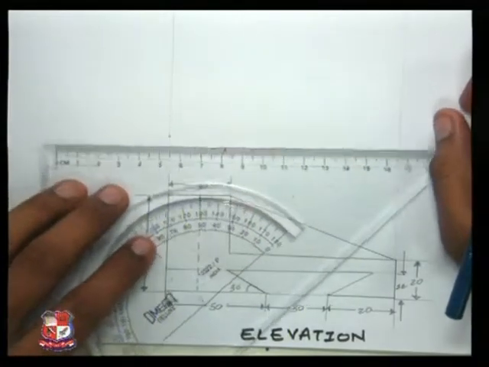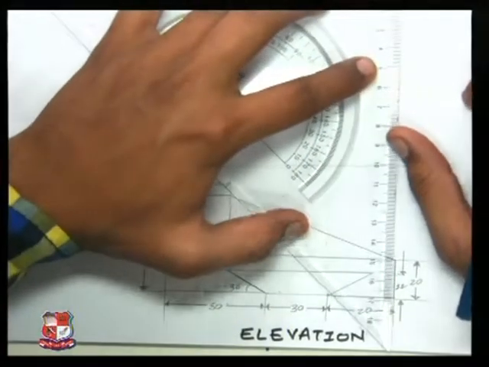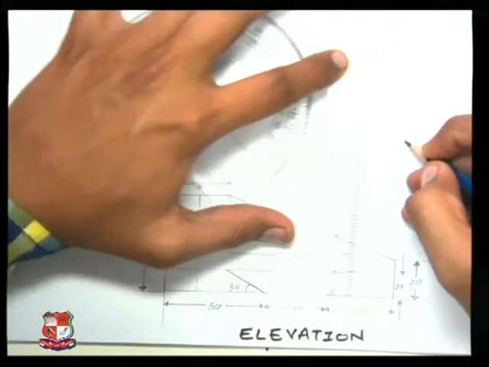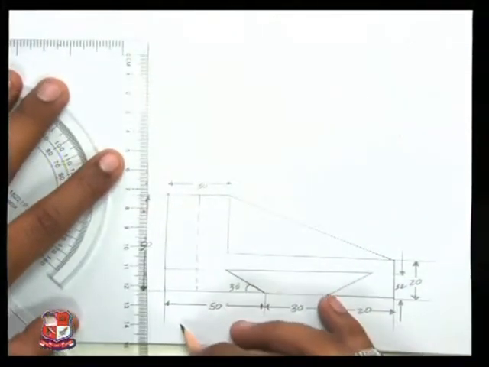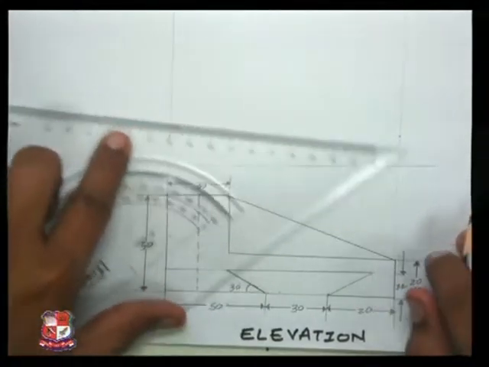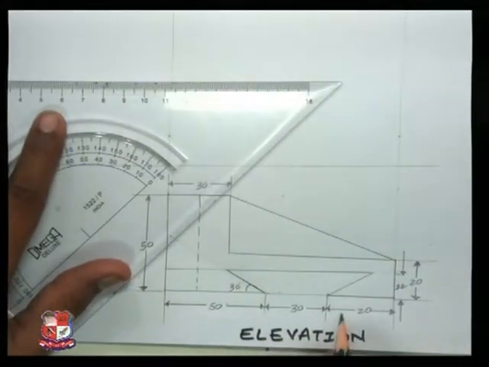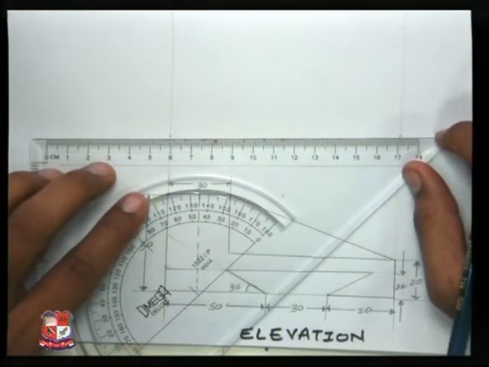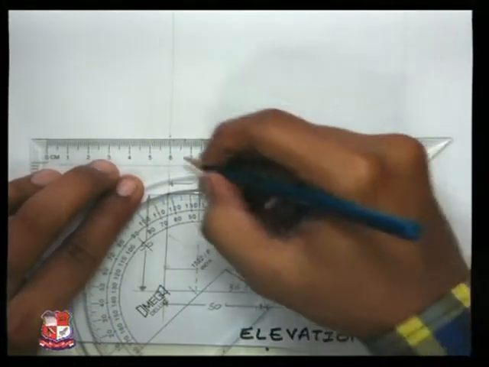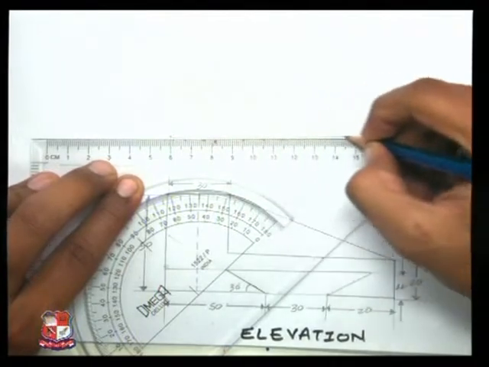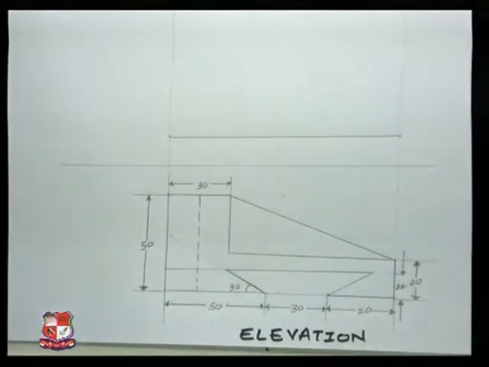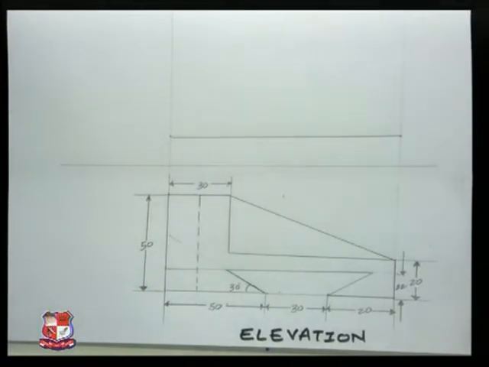Now I have easily got the total length of this bottom view, which would be 100 mm, 50, 30, 20. That I automatically achieved from these projections only.